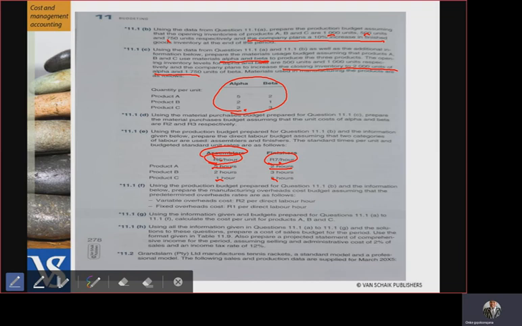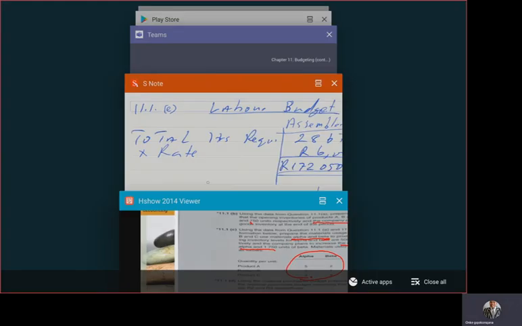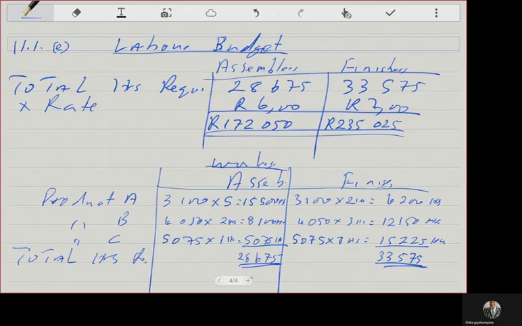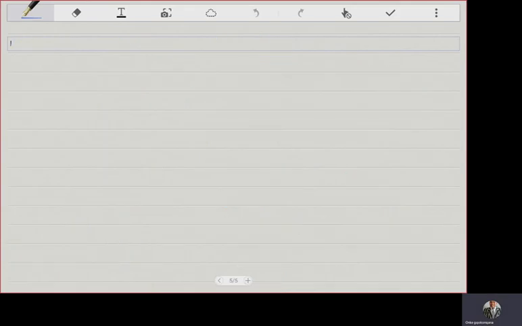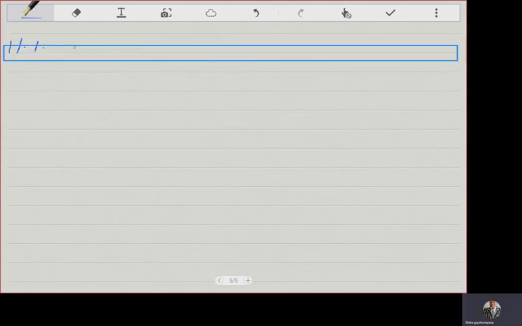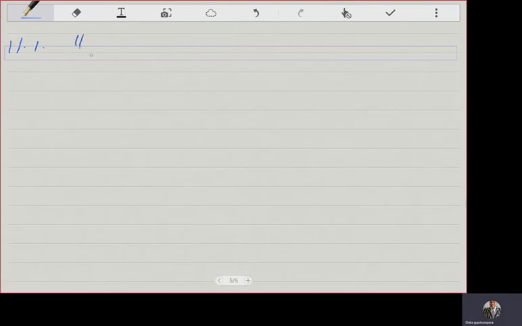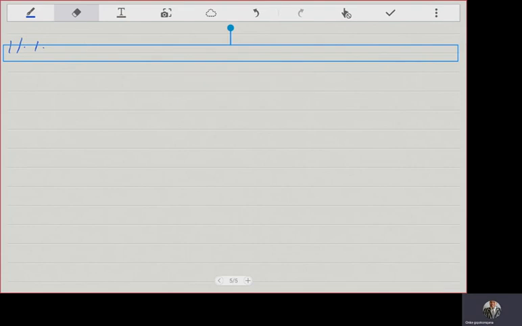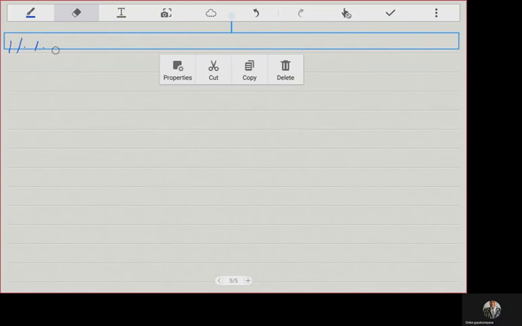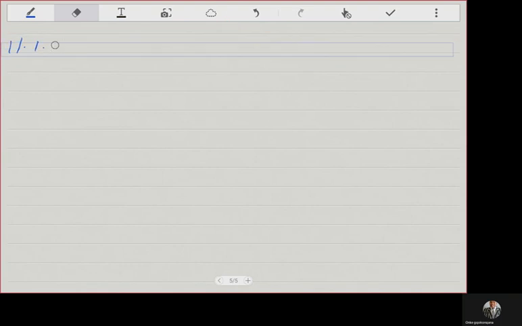The manufacturing overheads. So that's your 11.1F.